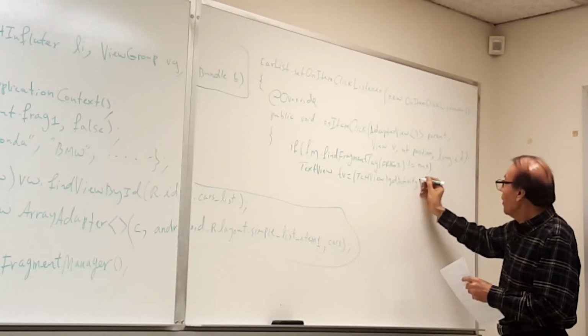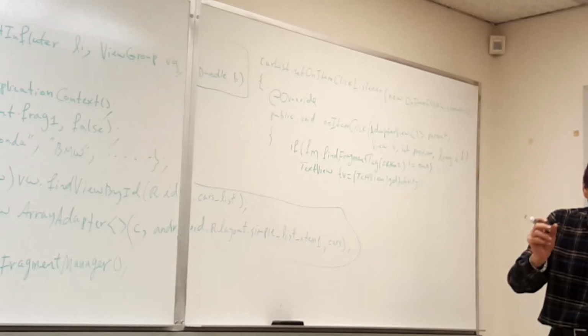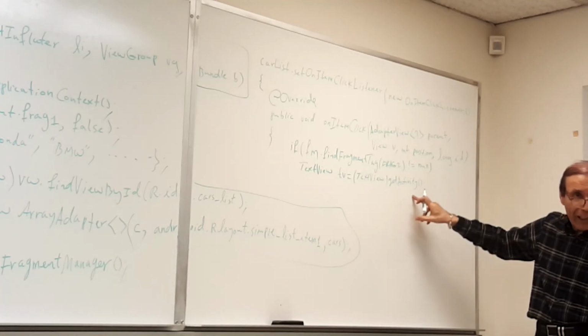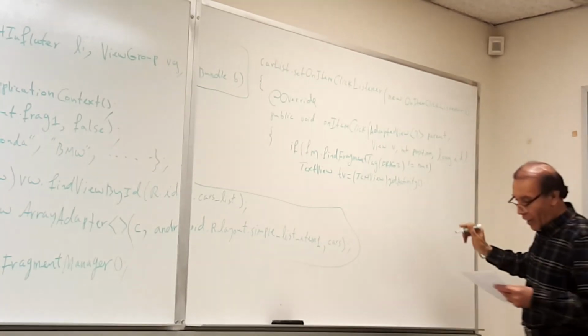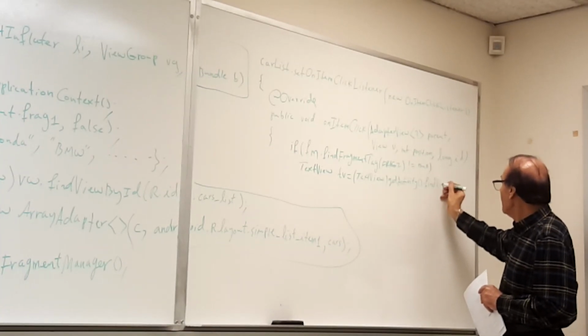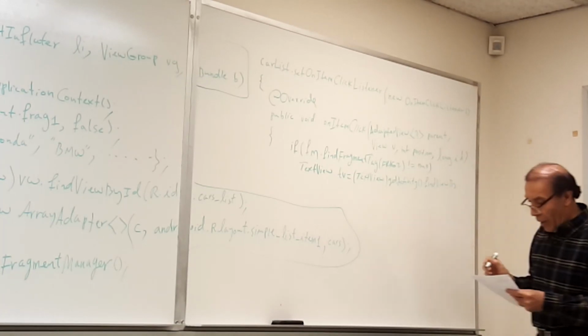Activity dot findViewById, because findViewById is one of the methods of what? Activity. We don't have it, so we need to get the activity, and after that use findViewById.